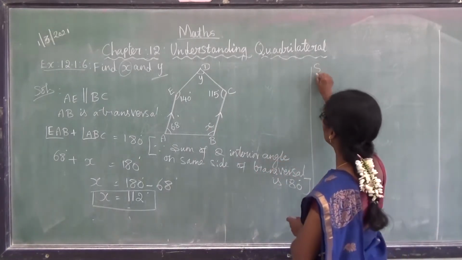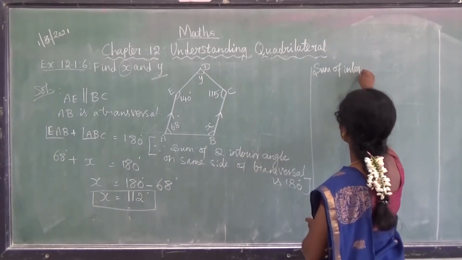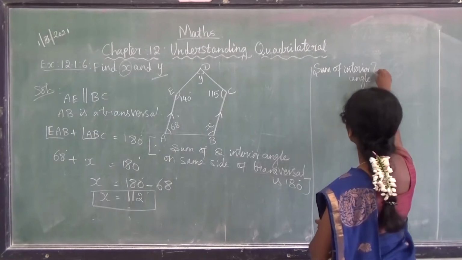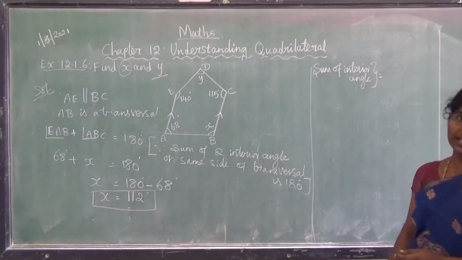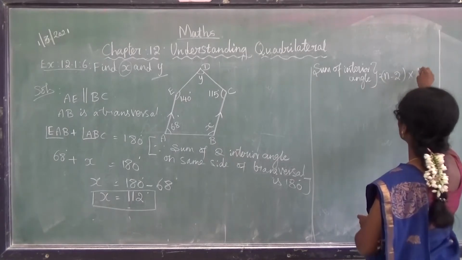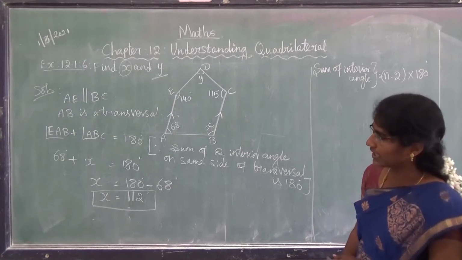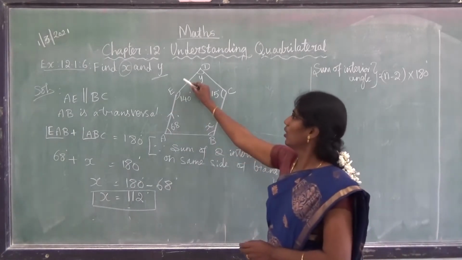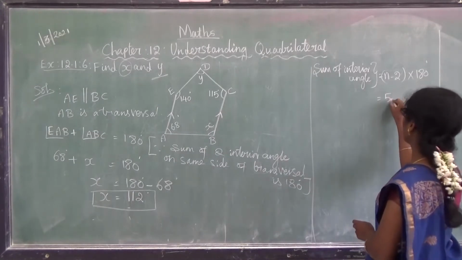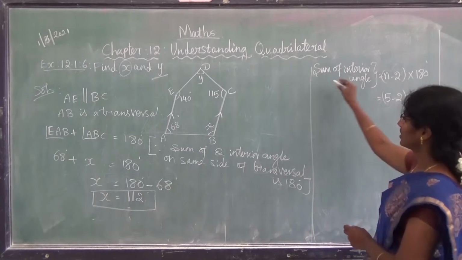So by using the interior angle property, the sum of interior angles, already we studied the formula, that is (n minus 2) into 180 degrees. This n denotes the number of sides of the given polygon. What is the number of sides here? 1, 2, 3, 4, 5. So it is (5 minus 2) into 180 degrees.